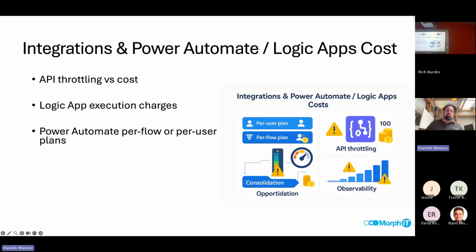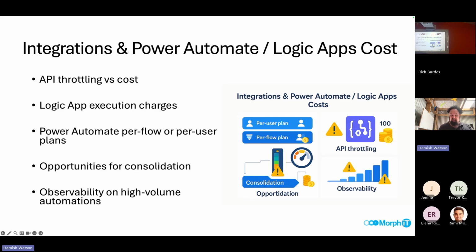And of course, with Power Automate, per flow plans, per usage plans, and pay as you go all result in different cost behavior. And so many orgs overspend because flows are split unnecessarily across multiple licensing. So if we can consolidate these, merge related automations and clean up duplicate flows, we can reduce our spend by 20 to 40%.